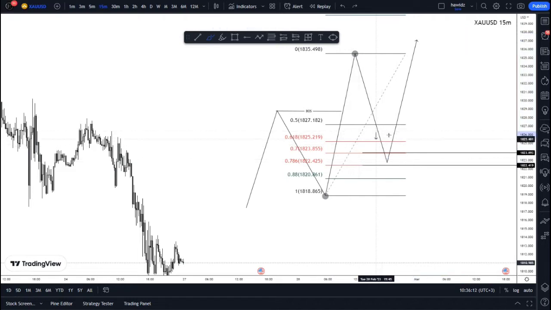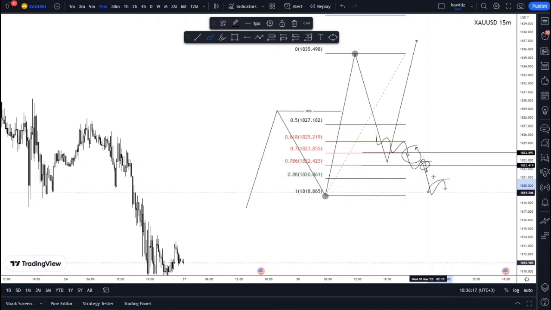And sometimes you can get something like this, right? Price will just come, test your entry 1, test your entry 2, hit your stop, and then come even to break this low here, right? That happens. That's why the fib tool is not 100% accurate, and there's no forex strategy that's 100% accurate, and that's simply because sometimes the market conditions cannot be anticipated 100% correctly.